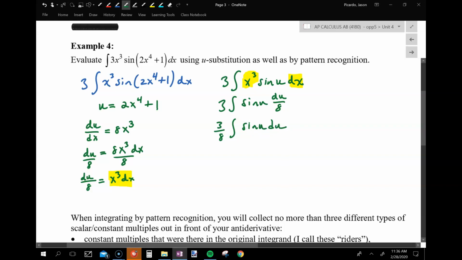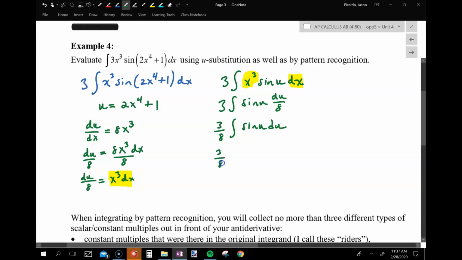Can you believe that we took this, right? And we turned it into a problem where we only have to integrate sine of u. Pretty cool, right? What derivative gives me sine? Negative cosine.